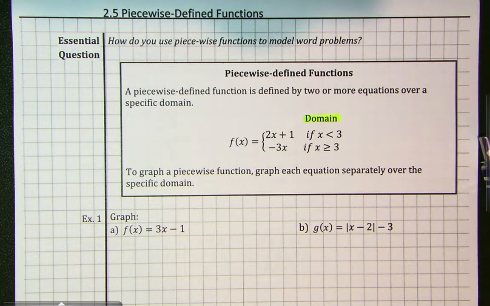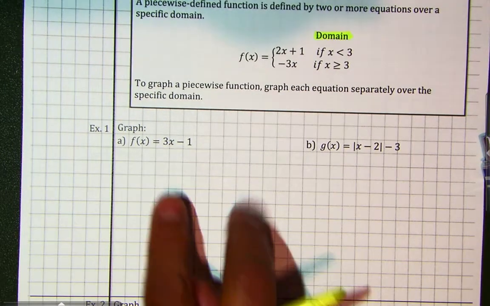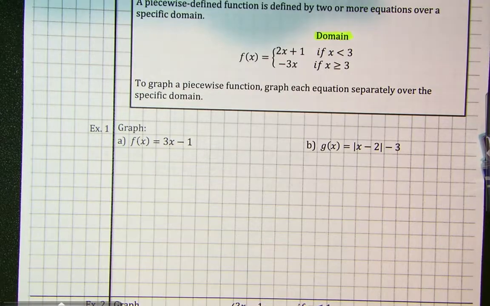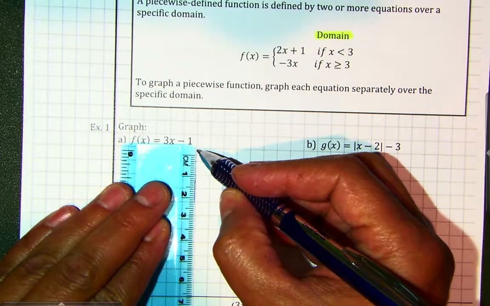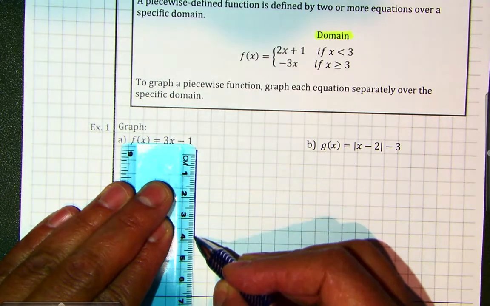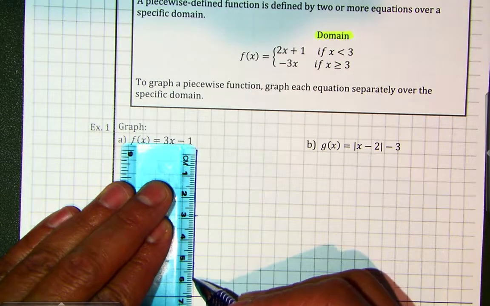So let's go through example number one first. Go ahead and pause, copy it down. We're going to create a 5 by 5 graph. So in this case, 2, 4, 5, 2, 4, 5.